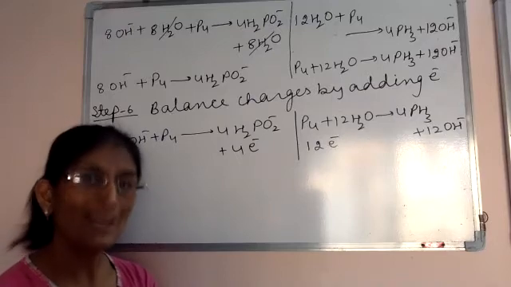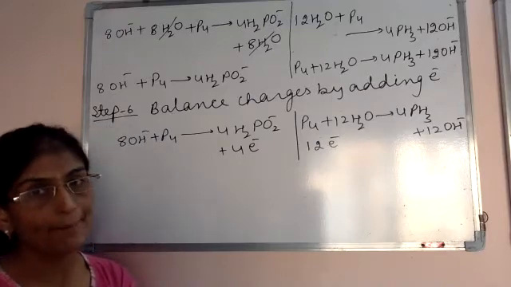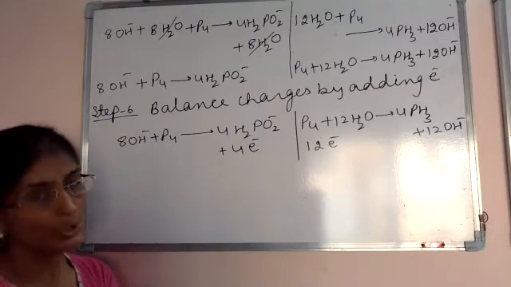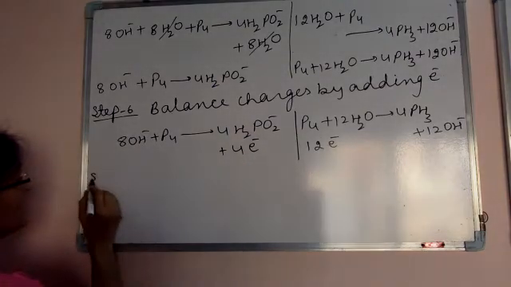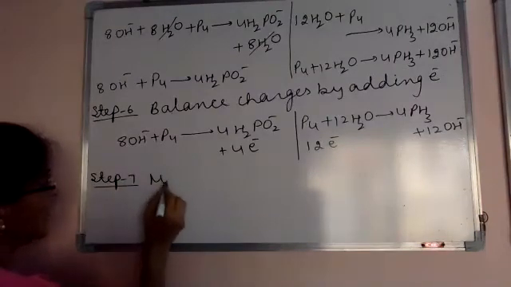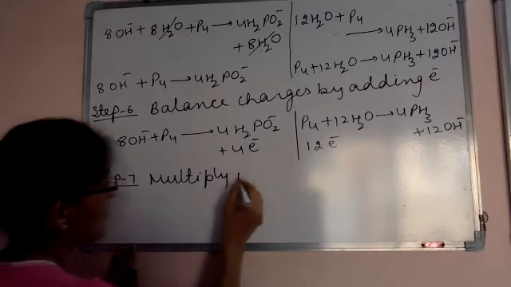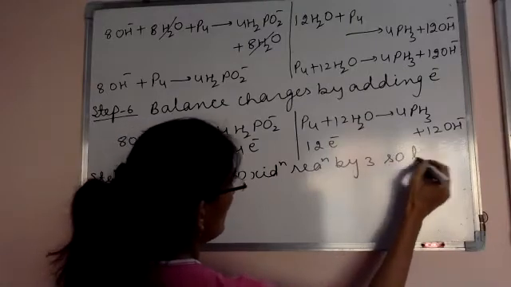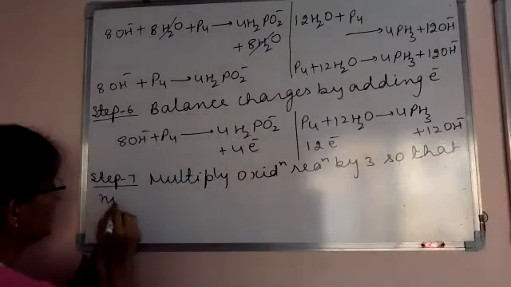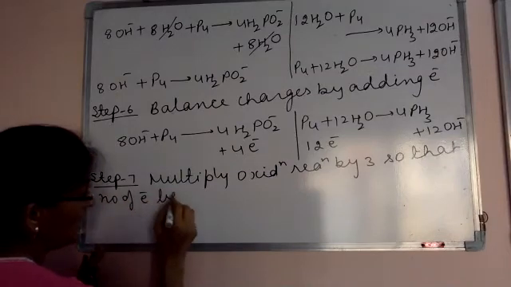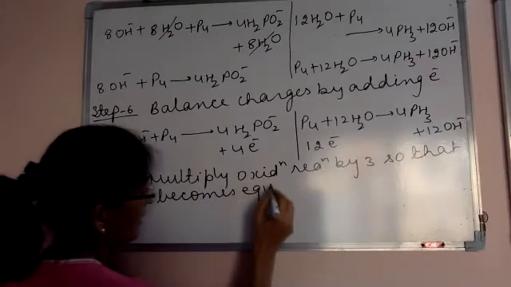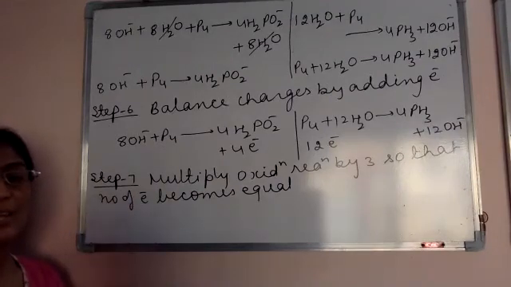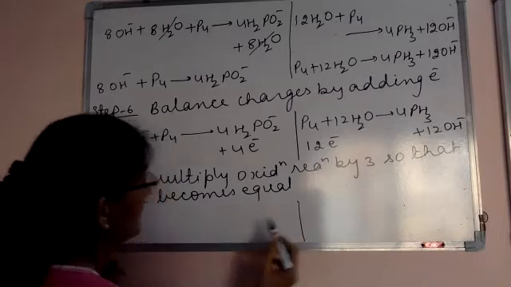For that we have to multiply the equation by a suitable multiple in order to make the electrons the same. Here it is 4 and here it is 12. If I multiply this equation by 3, there will be 12 electrons. So the next step is to multiply the oxidation reaction by 3 so that the number of electrons becomes the same, equal. Electrons must be equal in oxidation and reduction. To make them equal, we multiply this by 3. If we multiply this by 3, what will it become?